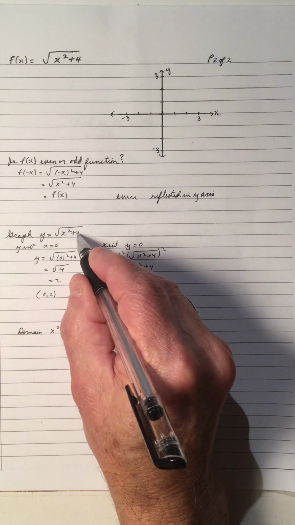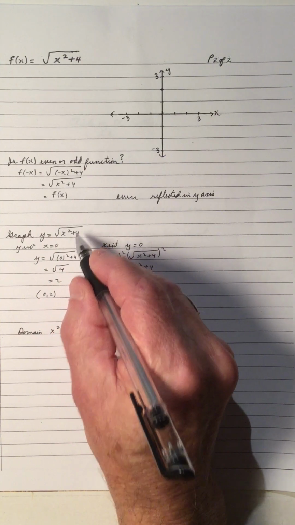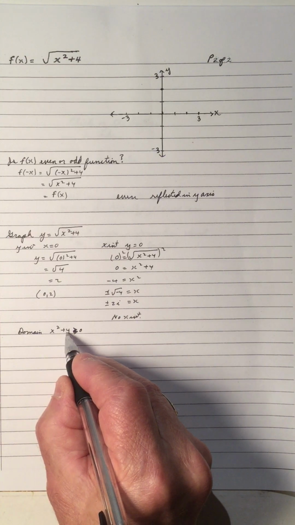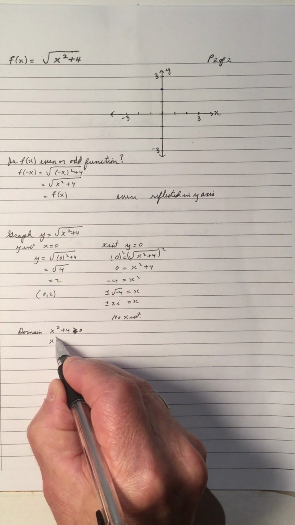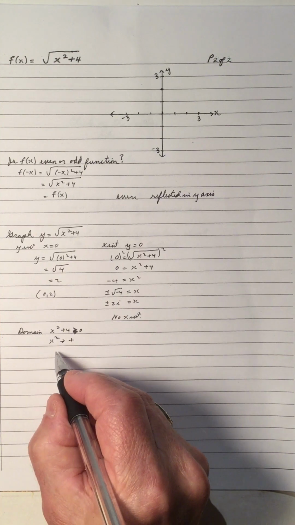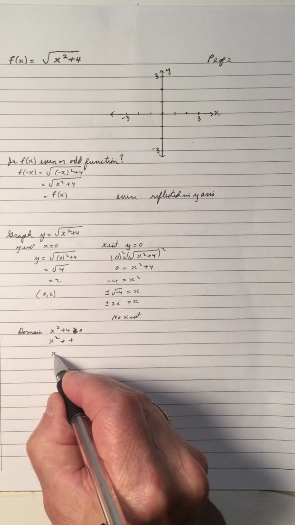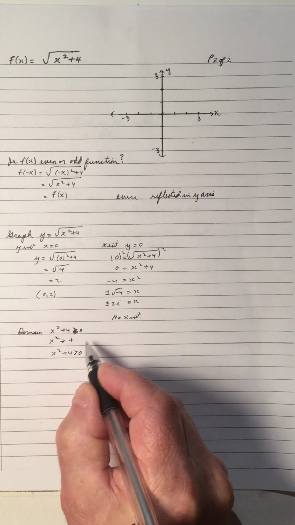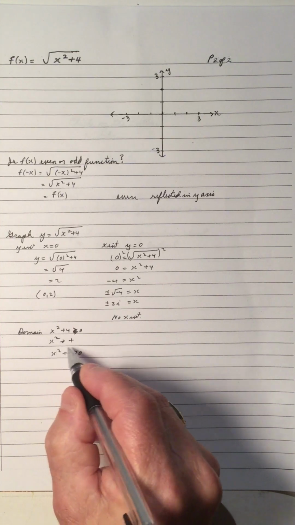What's underneath the root has got to be greater than or equal to 0. That means that x squared is positive. So x squared plus 4 has got to be greater than 0 because it can't be equal to 0.